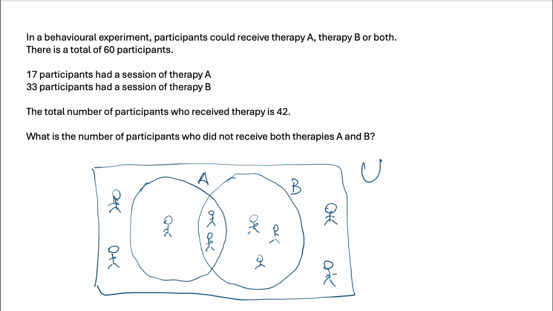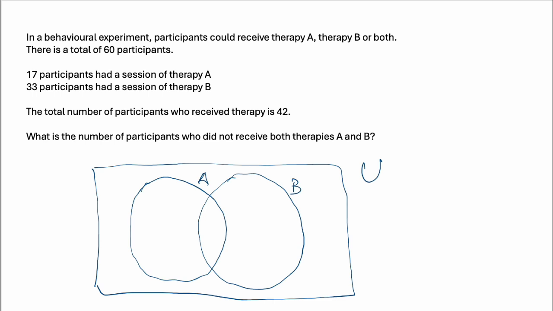They're sitting in the intersection, and there are people that, for example, only received A, for example, this guy here, or only received B, this guy here. Okay, so now that you visualize, I'm going to get rid of this because this is polluted and it will get in the way. Okay, well now, let's put some numbers in this Venn diagram.